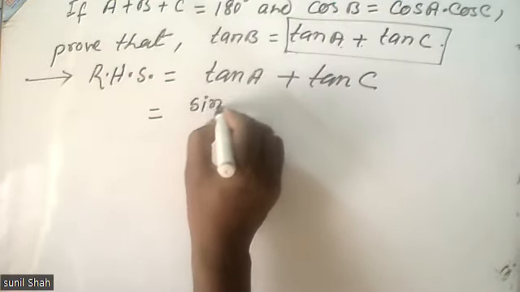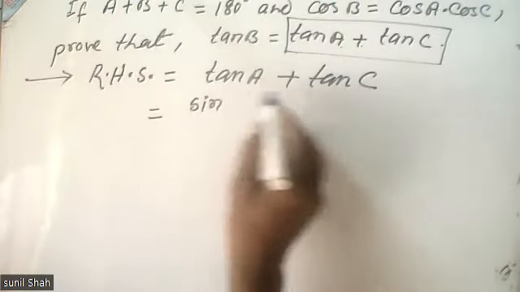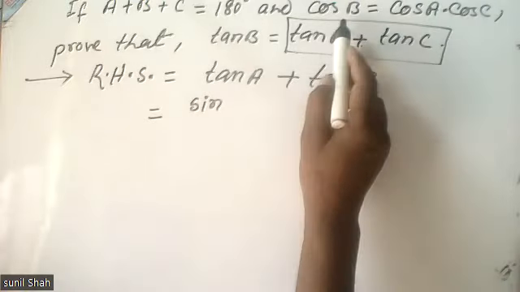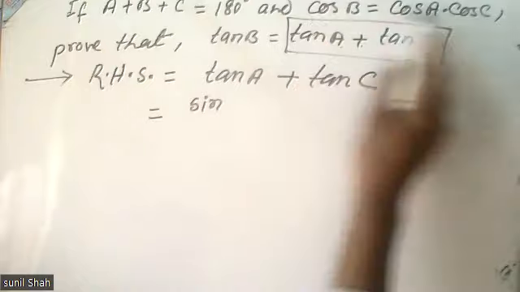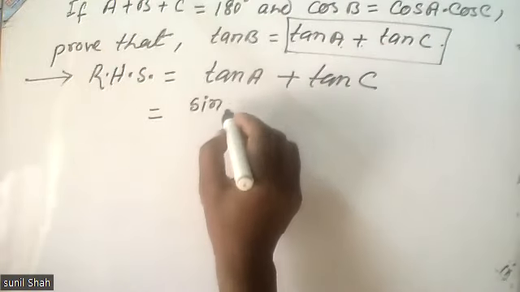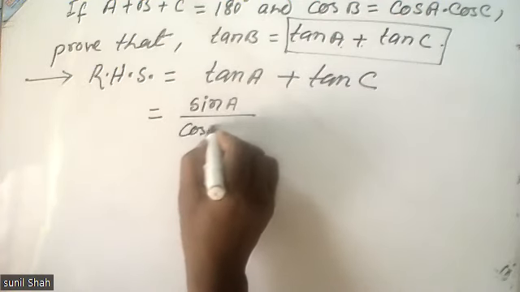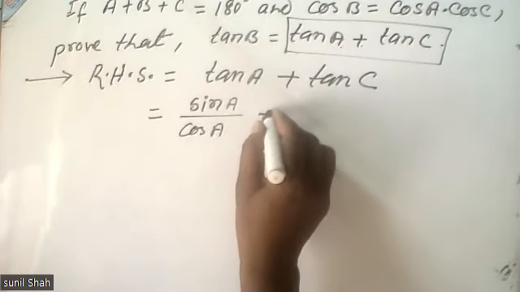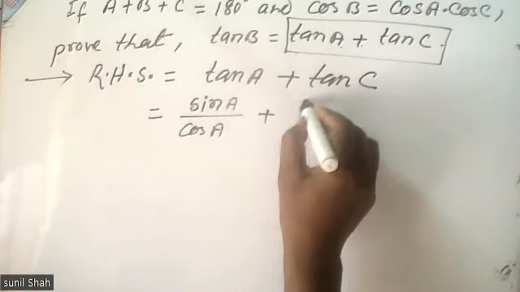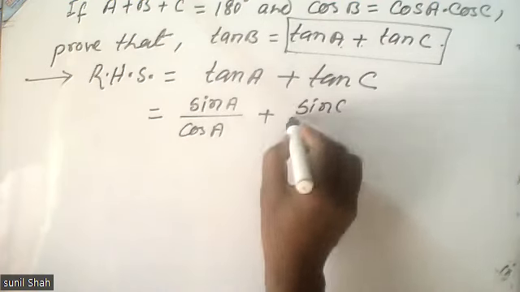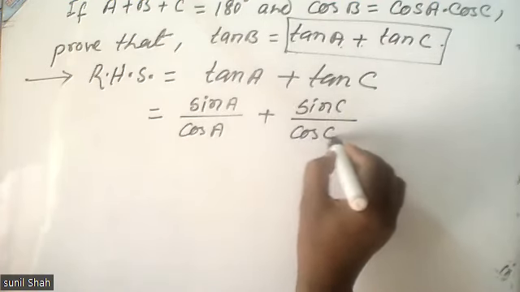Change this all into sin and cos. Since one of the conditions is given in cos, in terms of cos. So tan A is sin A by cos A plus tan C is sin C over cos C.